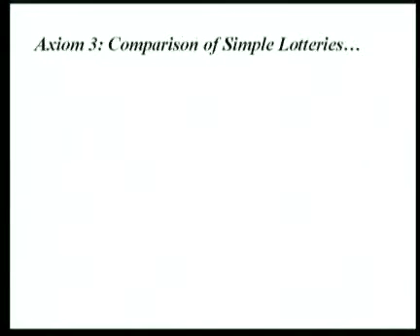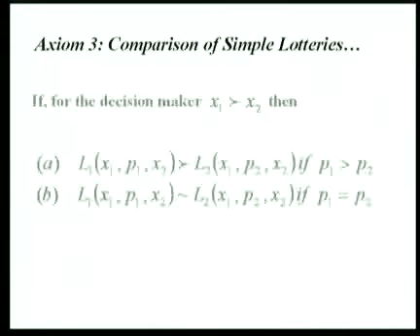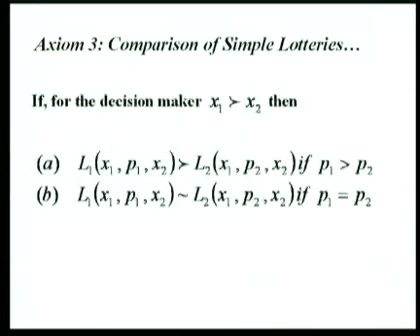Third axiom, comparison of simple lotteries. If, for the decision maker, x1 is preferred to x2, then the lottery L1, x1 with probability p1 and x2, is preferred to L2, x1 with probability p2 and x2, if that first probability p1 is greater than the second probability p2.